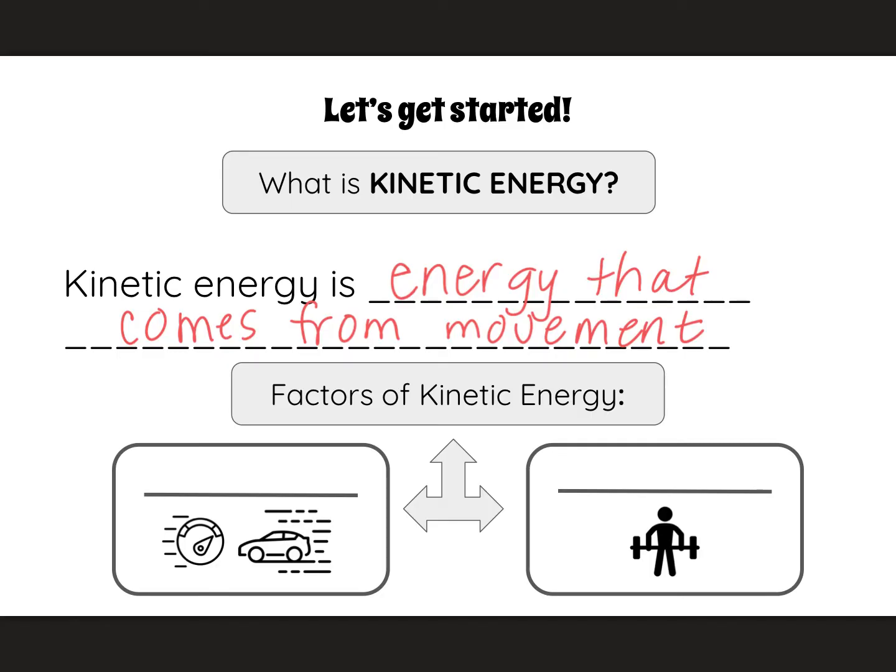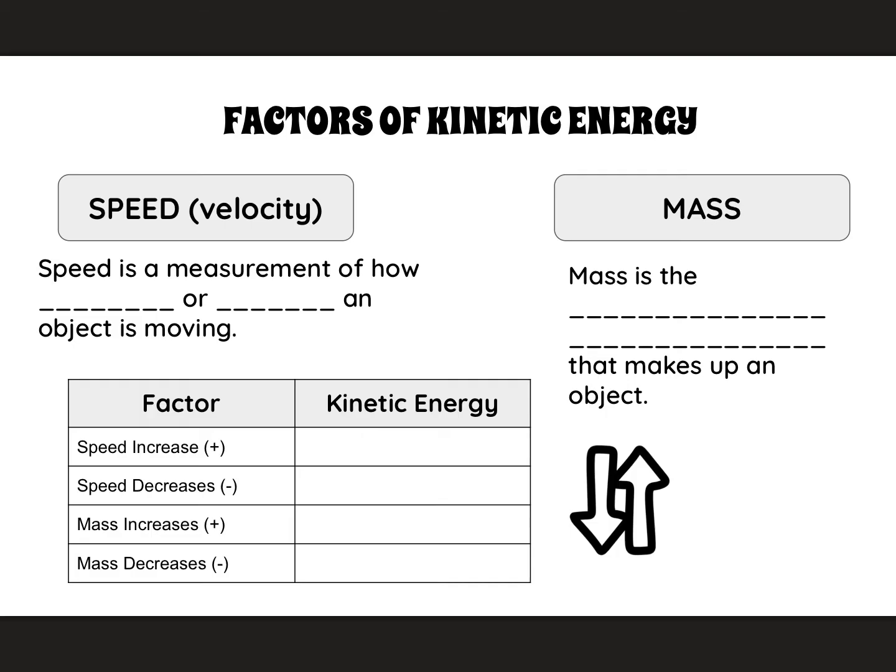Now, in the labs that you performed, you learned about the two factors of kinetic energy. One being speed, and the other one being mass. Let's take a closer look at the factors of kinetic energy. The first being speed. Another word for speed that scientists use is velocity.